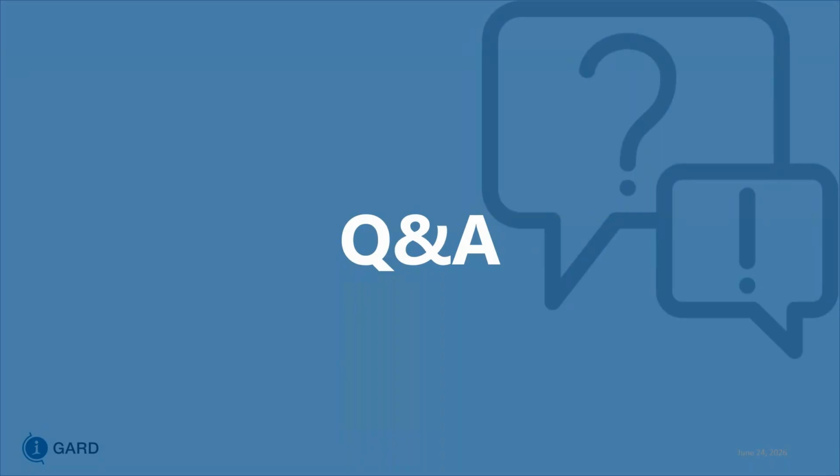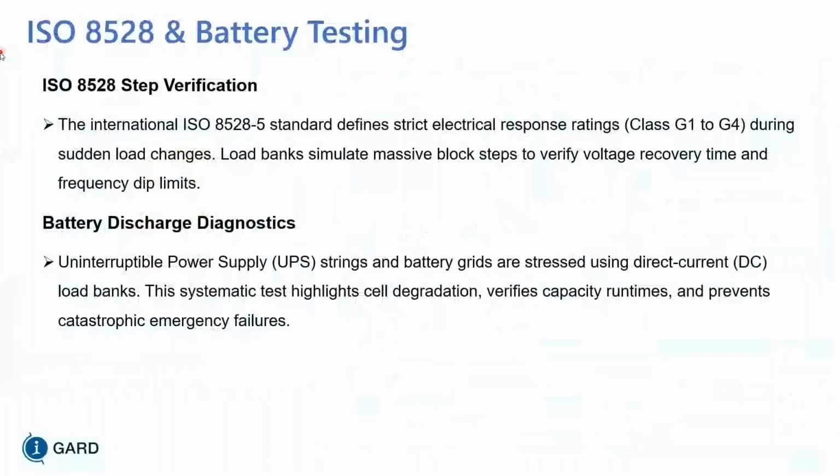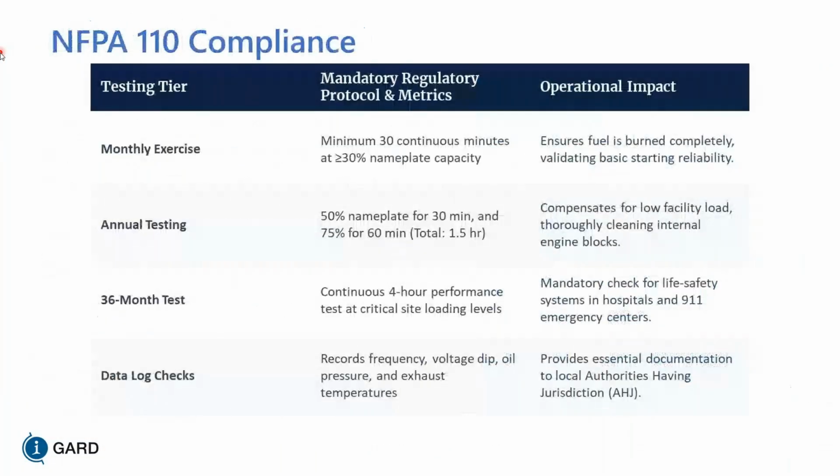Can we test generators with real load without having load banks? Yes, I guess you can, but you can't really guarantee it. For example, if you go back to this screen here, where you have to maintain greater than 30% nameplate capacity, how can you guarantee that?